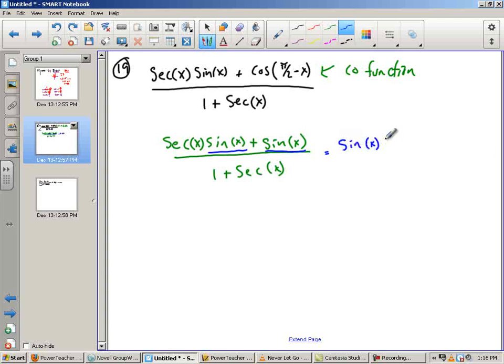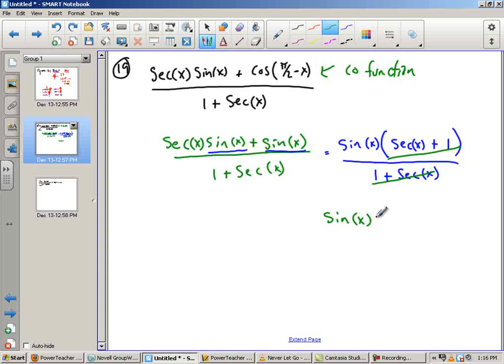So if I put sine of x out front, I would have the secant of x plus 1. And all of that's divided by 1 plus secant of x. And I hope you see it right now. If you don't, let me highlight it for you. This is the same as this, leaving me with the sine of x as a final answer. This is much, much simpler than all of this mess up here.